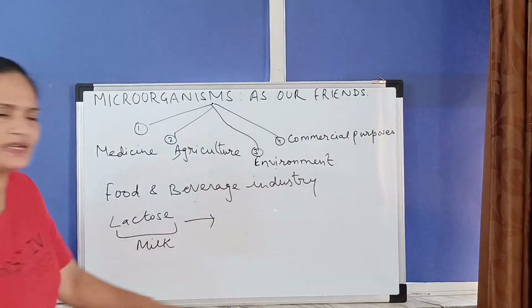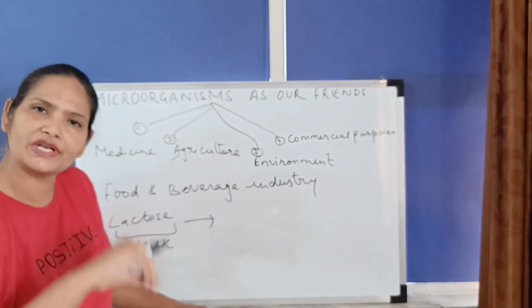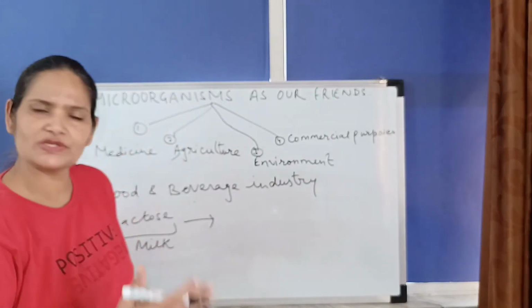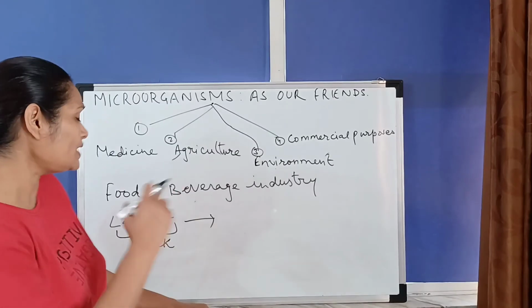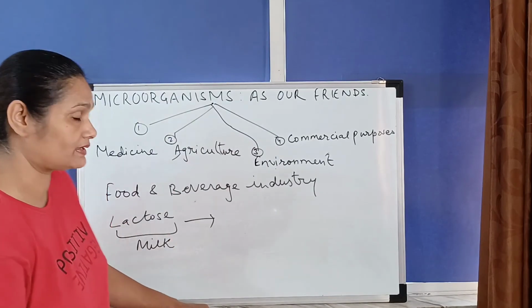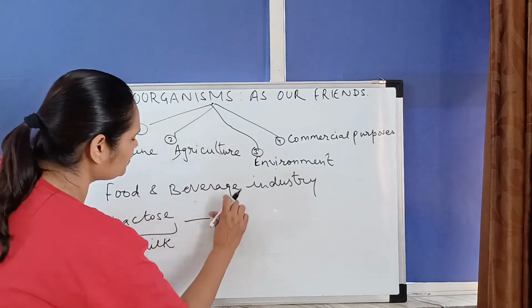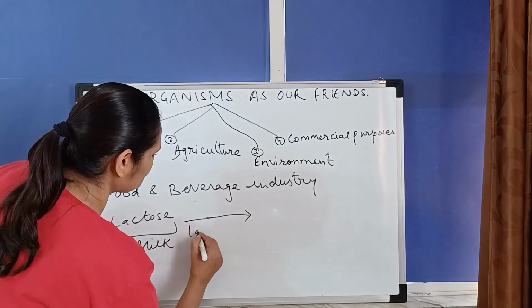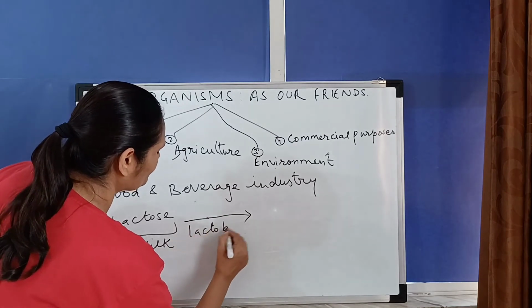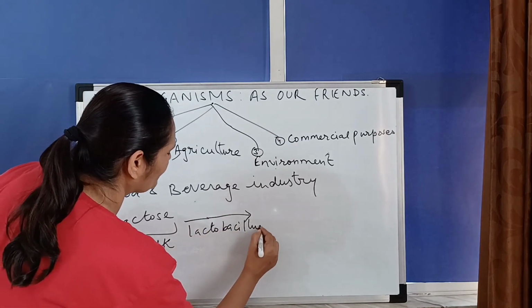What mothers do is they take a spoonful of curd and put it in the milk, and suppose they try to set it in the night, then in the morning they see that the curd is set. So what exactly has that spoonful of curd done? That spoonful of curd contained lactobacillus, right?